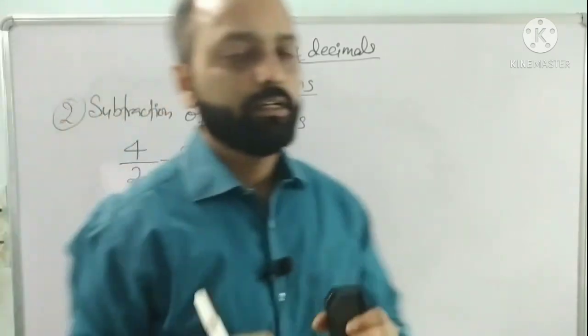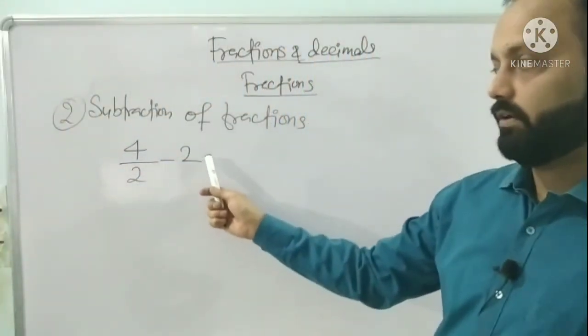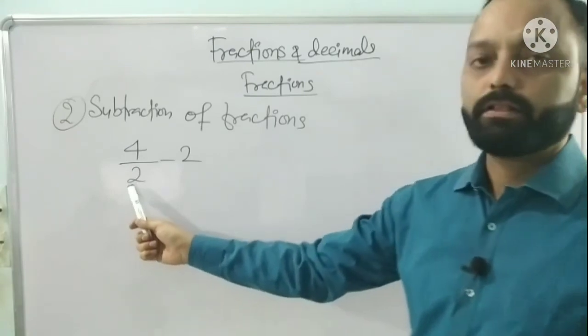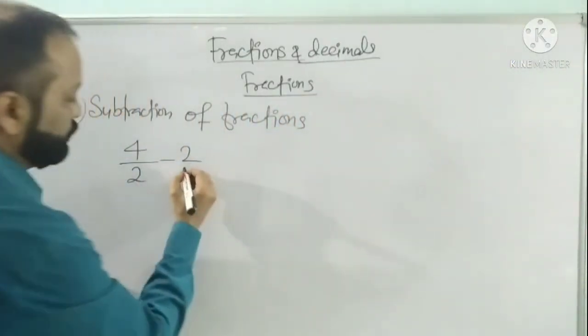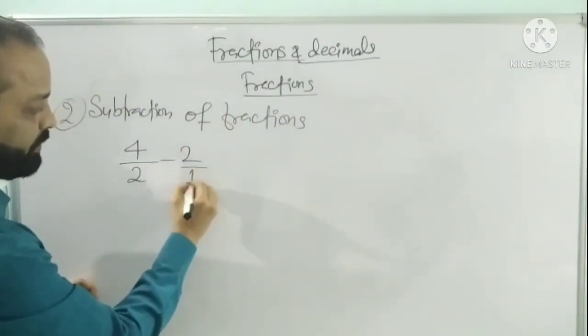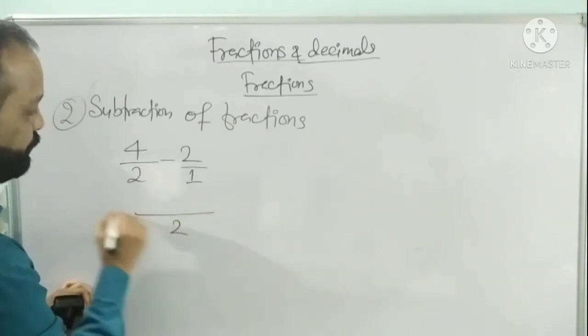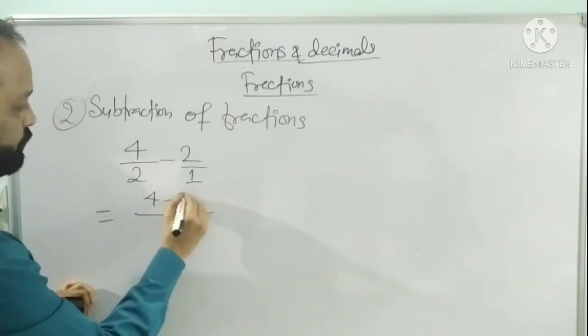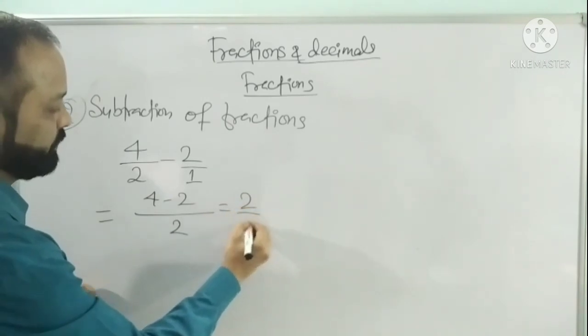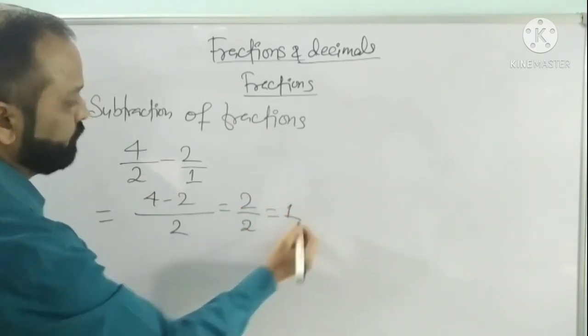This is when we are subtracting a whole from a fraction. So can we write it as 2 upon 1? Yes. So this will be 2. 4 minus 2. So this will be 2 by 2 equals to 1.